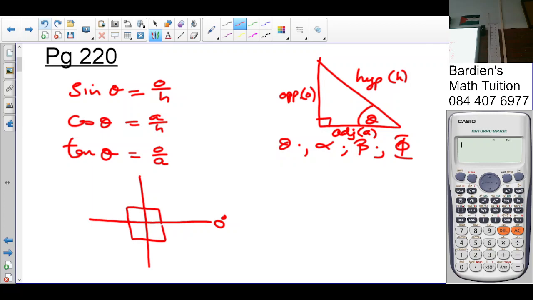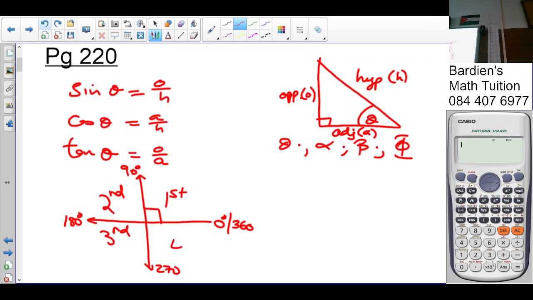From this point to this point here, it's 90 degrees. From there to here, 180 degrees. From there to there, 270. And to there, 360 degrees. This was our first quadrant, our second quadrant, the third quad, and the fourth quad. Those quadrants will remain those quadrants even if you go sleep tonight and get up tomorrow morning. It doesn't change.